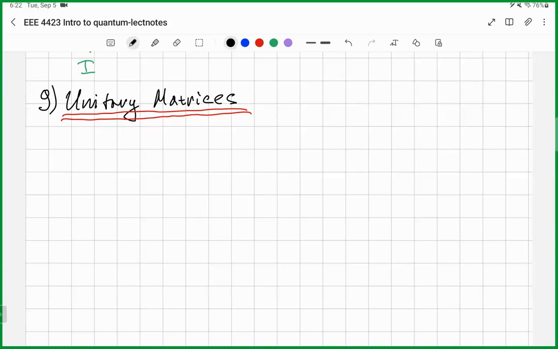For quantum, we need matrices that don't change the scalar product of two vectors.